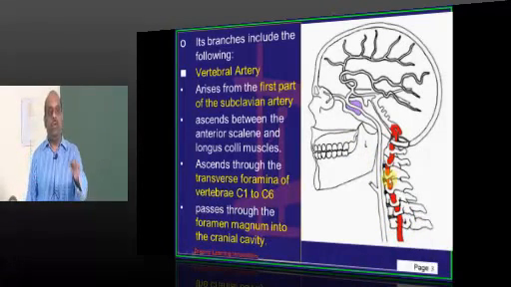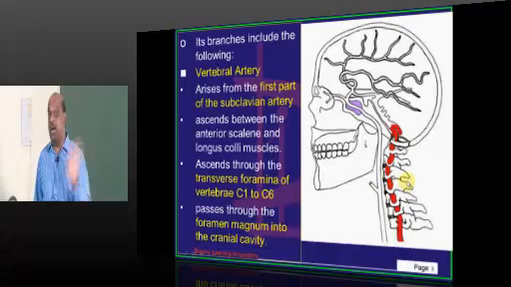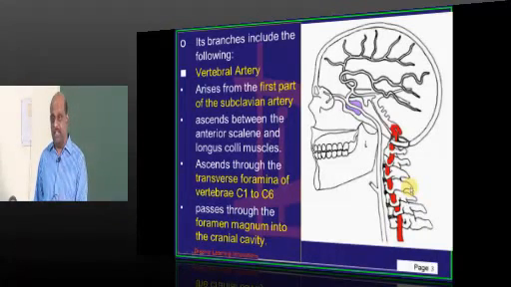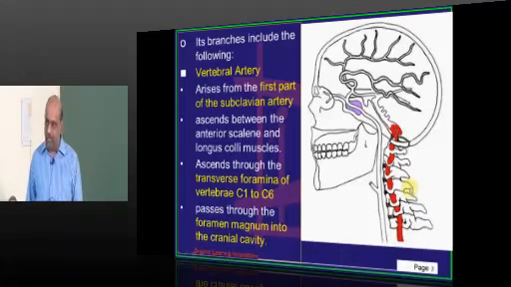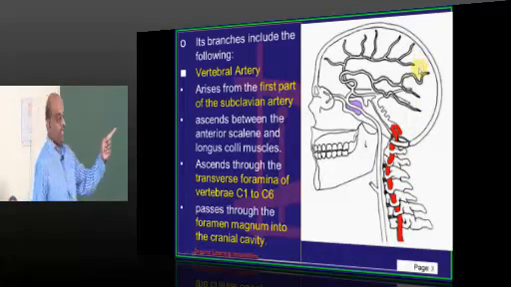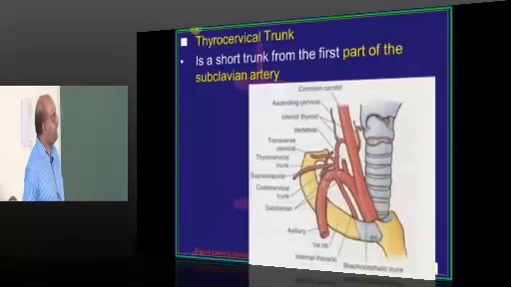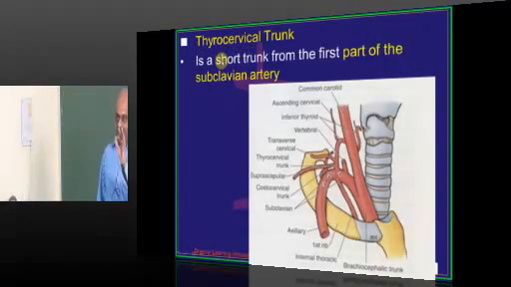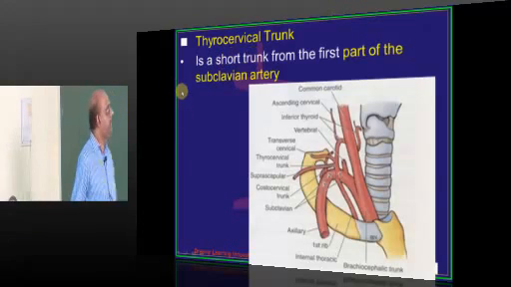Through the transverse foramina of C1 to C6, not C7. So the examiner's favorite question is either C1 to C6 or C2 to C7 or C1 to C7. So what is your answer? C1 to C6. And ultimately the vertebral will be passing through the foramen magnum and enters into the cranial cavity. So the vertebral is arising from the first part.